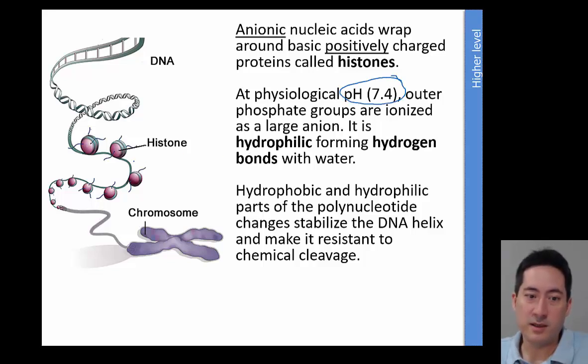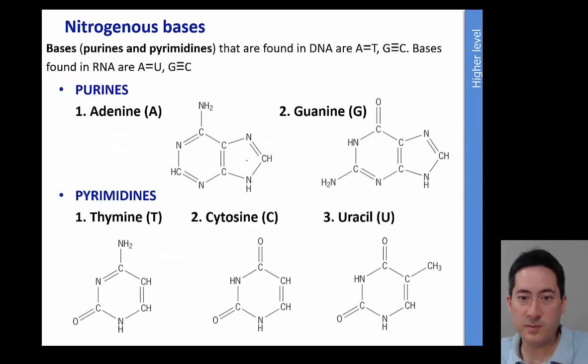And it is hydrophilic, so there are hydrophilic and hydrophobic parts of the DNA, which is also called a polynucleotide, which helps in its stability. So probably remember those highlighted, bolded, underlined bits if you happen to get that regurgitation question on this bit.